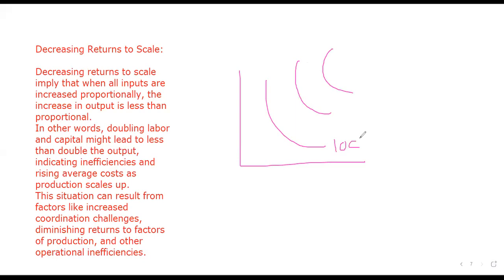So here you have 10Q, you have 20Q, you have 25. So here there's a 10, here there's a 5, so it's decreasing. Maybe the next one could be a 3 difference, from 25 to what? 28. So it's increasing at a decreasing rate. So it is increasing at a diminishing rate. So this situation can result when factors are experiencing operational inefficiencies.